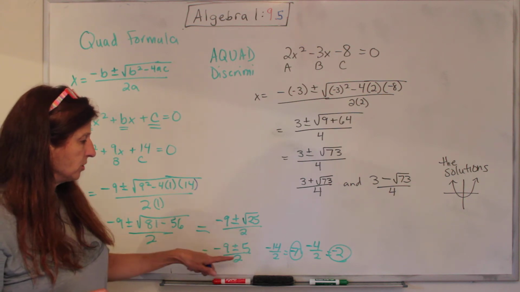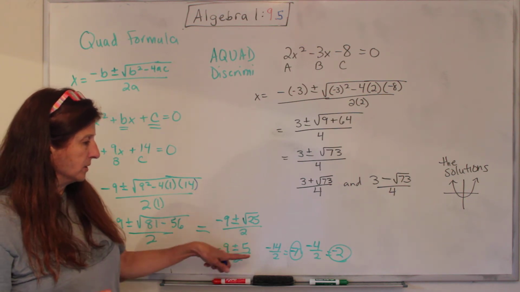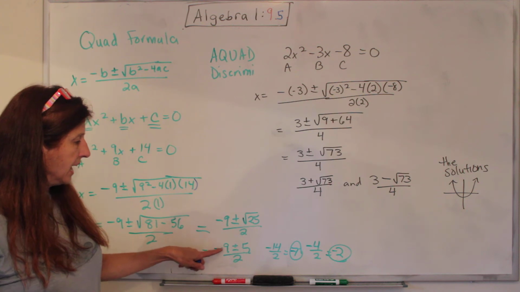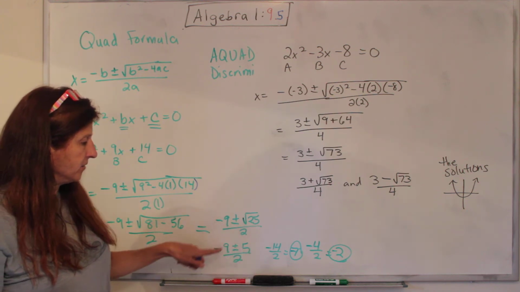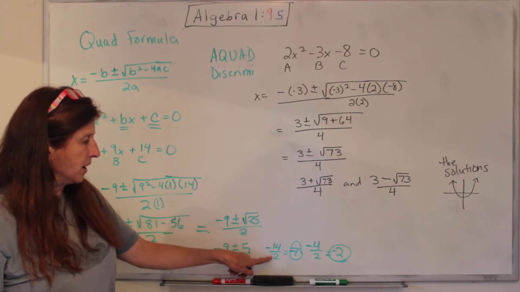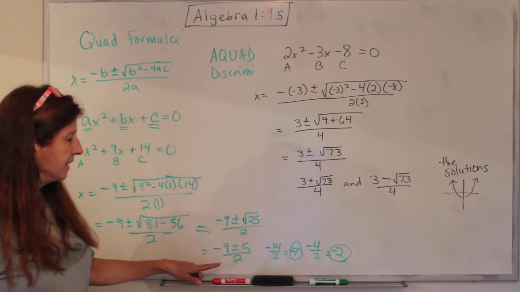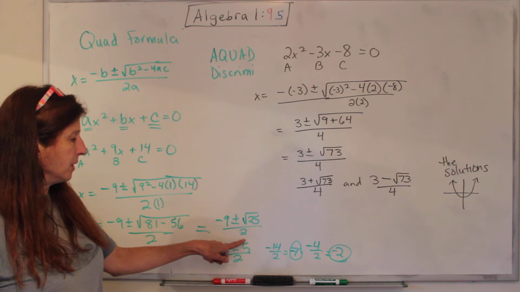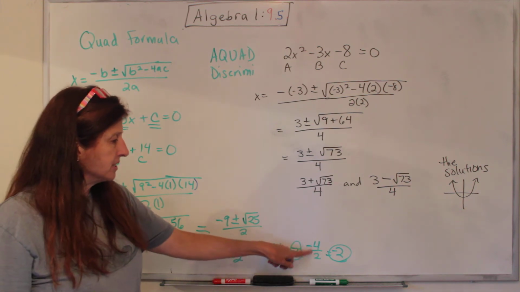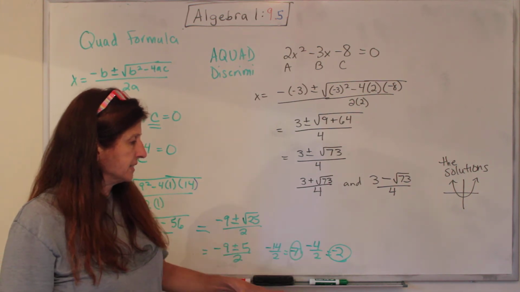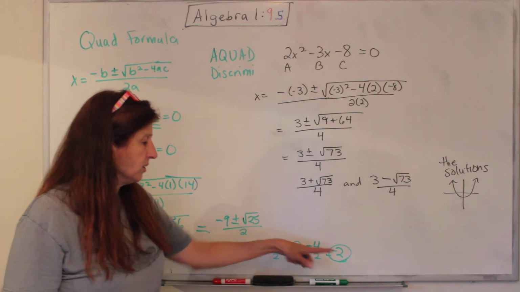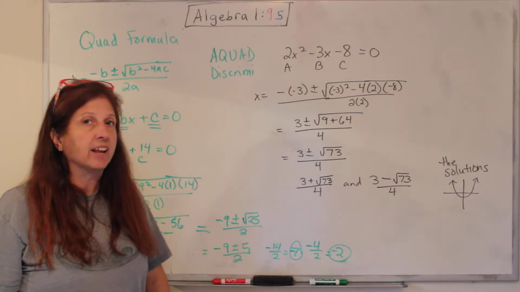And you're supposed to do it twice. You do it once if it's plus and once if it's minus. So negative 9 minus 5 is negative 14 divided by 2 is negative 7. That's one place it crosses. The other one is negative 9 plus 5 divided by 2, which is negative 4 over 2, which is negative 2. So the two solutions are negative 7 and negative 2.